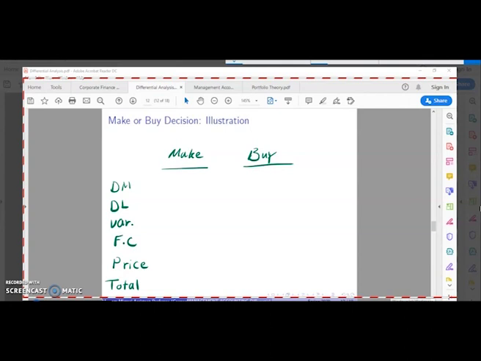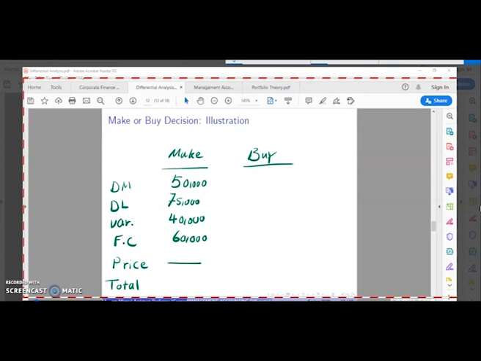So in case of making the product, it is very clear because all the costs are given. Therefore I have 50,000 direct material, 75,000 direct labor, 40,000 variable cost, 60,000 fixed overhead.